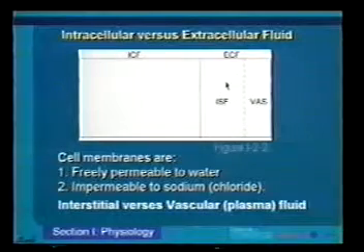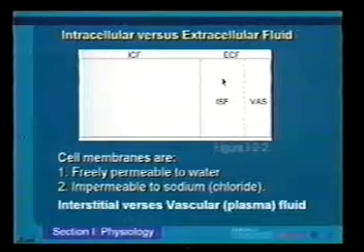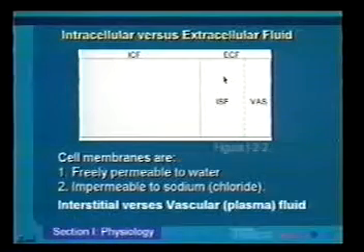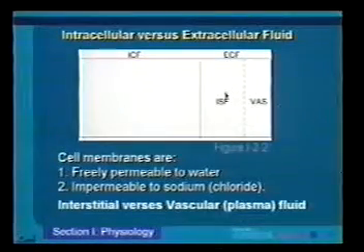Now, the big challenge here is to understand the consequences if the effective osmolarity changes in the extracellular compartment. Now, it's just the bottom line points that are important here, but you should follow this reasoning. Now, if we're considering the osmotic movement of water between the extracellular fluid and the intracellular fluid, we have to focus on the extracellular fluid effective osmolarity, which is mainly sodium chloride.